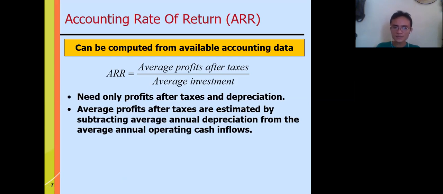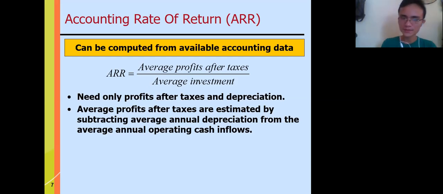If we analyze this accounting-wise, the movement is from accrual, average profits after taxes, to cash basis, or the reverse, from cash basis to accrual. Remember, the depreciation is a non-cash expense, so this can be deducted just to get the average profits after taxes.